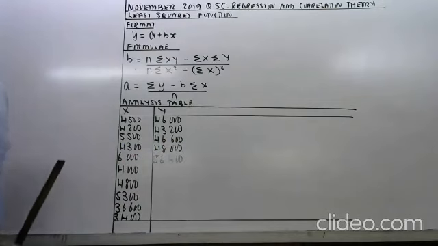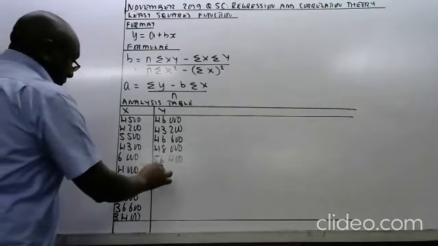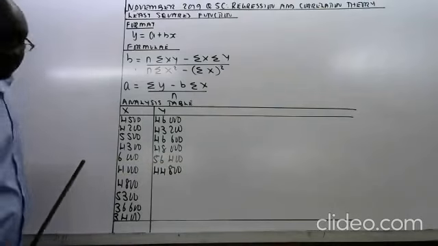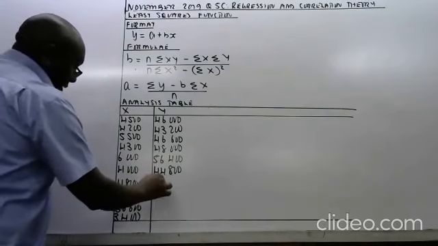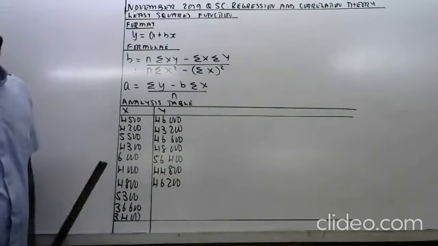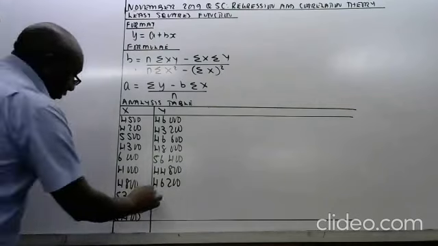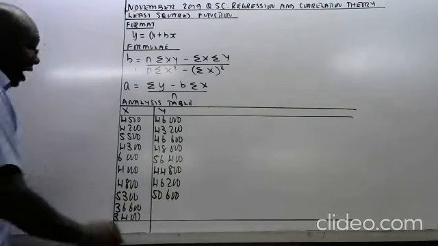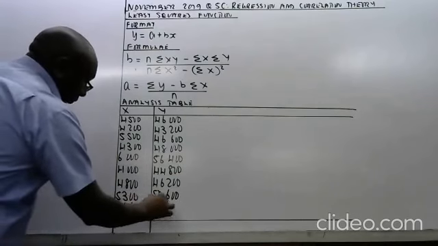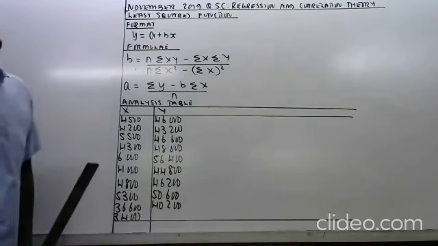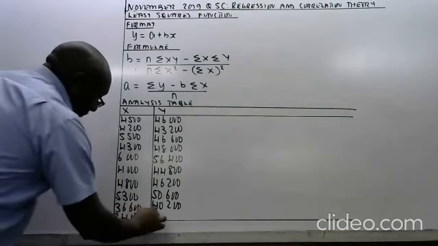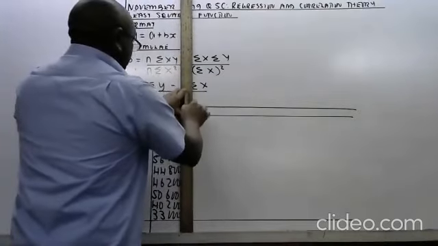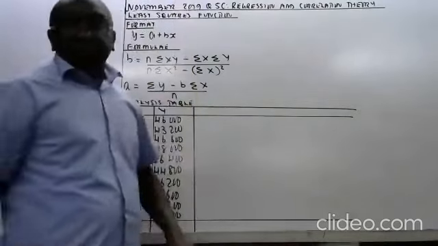Then we have 44,800. Then I have 46,200, 50,600, 40,200, and then that's 3,000. So that is the second column.